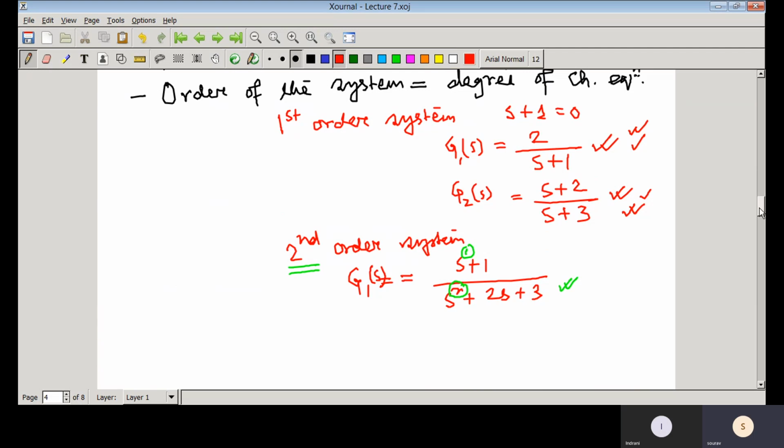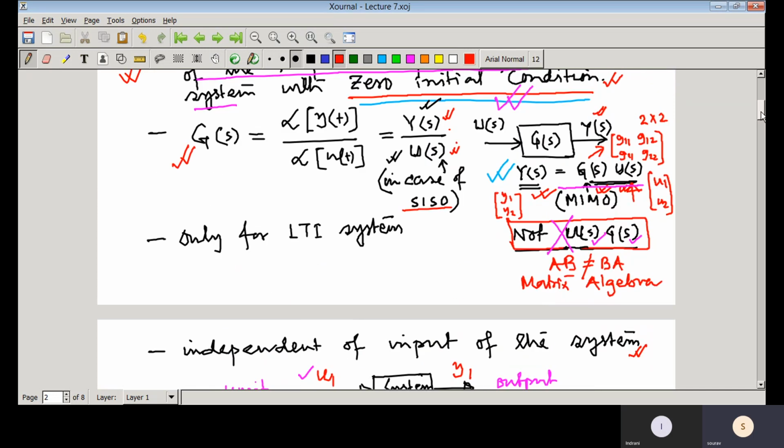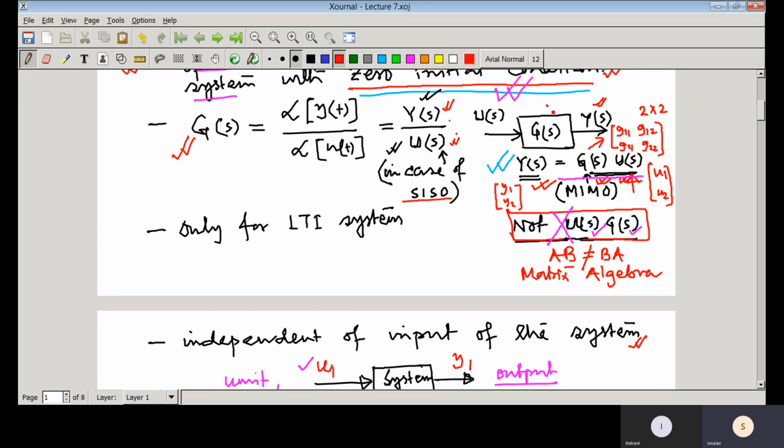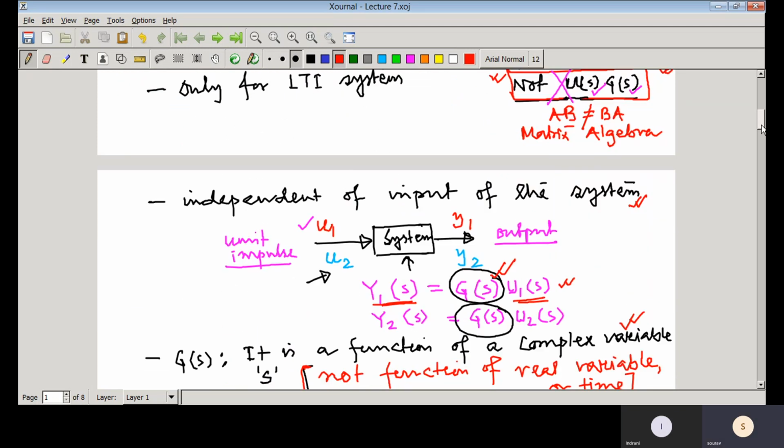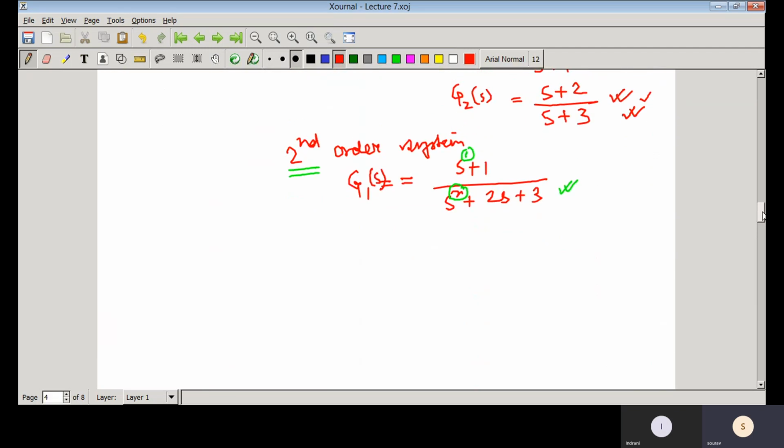Whenever you write the transfer function, you should be very careful about this particular representation, because in a multi-input multi-output system the input is a vector and the output is also a vector. So this G(s) is no longer a scalar rational function, it is a transfer function matrix. Let us see how we can represent it in the case of MIMO systems.